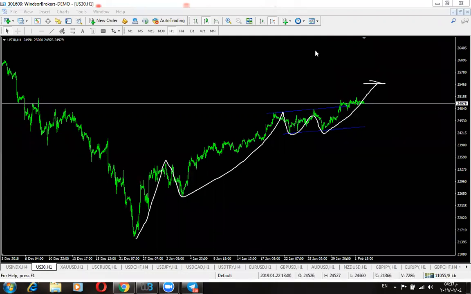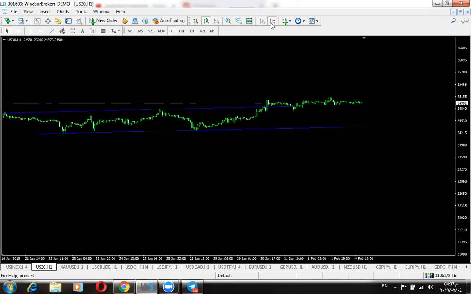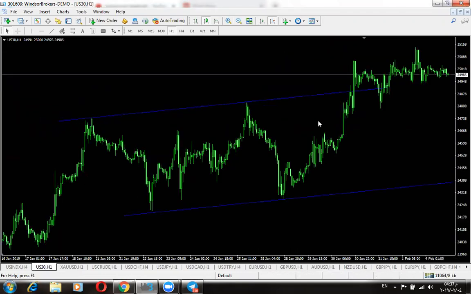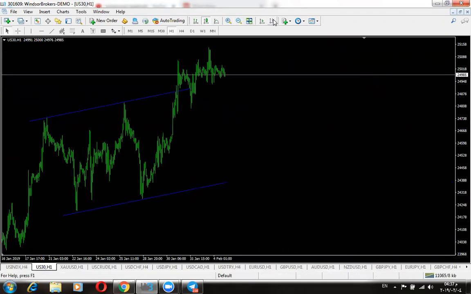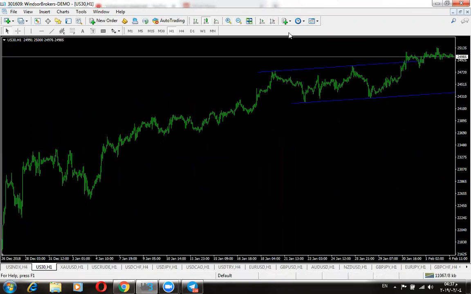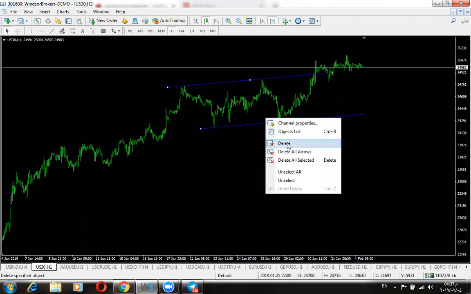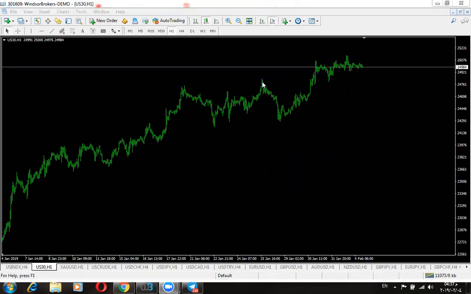We have shown you this very beautiful, very nice corrective structure appearing right there at this place.